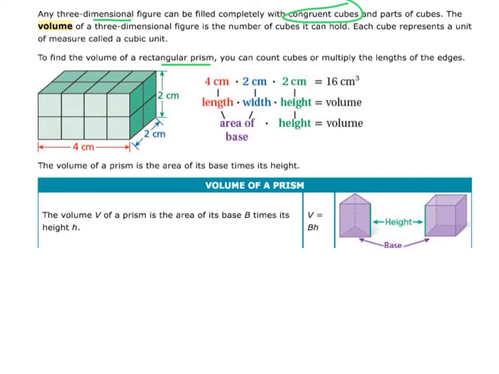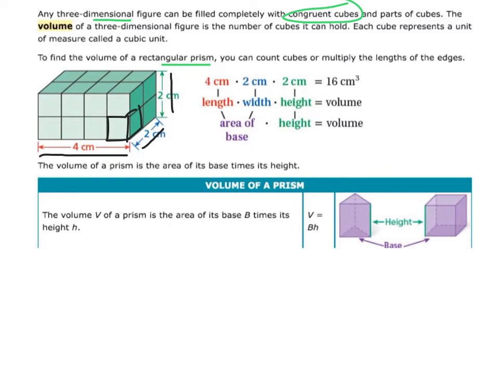So this rectangular prism below has three edges, all of different lengths: 4, 2, and 2. It's made up of cubes. You can see them here. So how many cubes would fit into this rectangular prism?